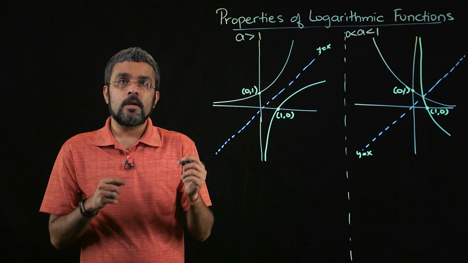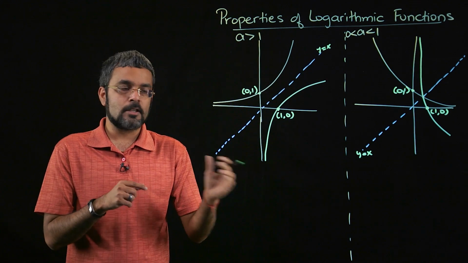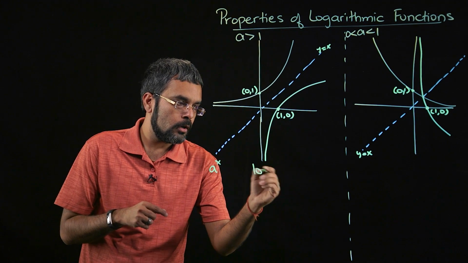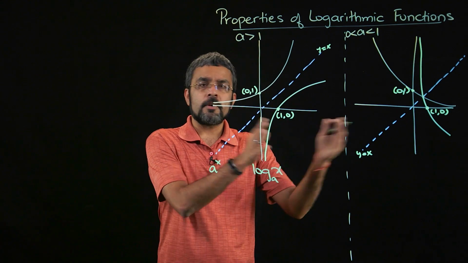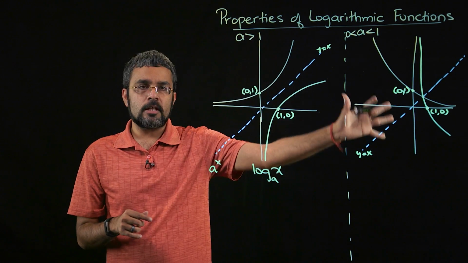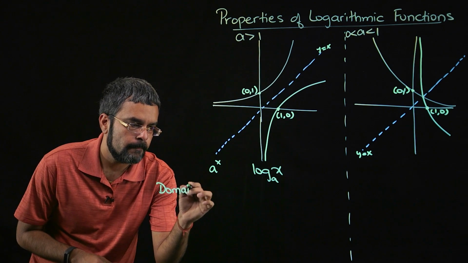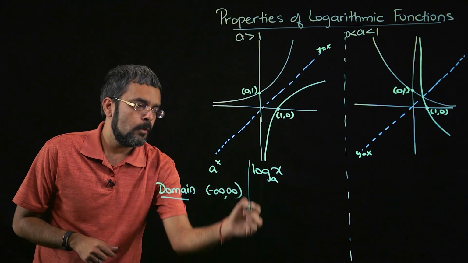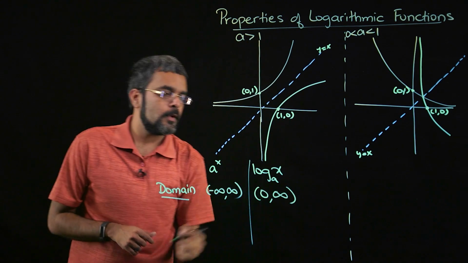So I'm going to write down the exponential function and the log function side by side so we can compare. I have a to the x, and then log of x to the base a. Like we saw in exponential functions, the properties of both are the same, except this is a decay and this is a growth. My domain for the exponential function was negative infinity to infinity, whereas for my log function it's only everything to the right of 0, so 0 to infinity.